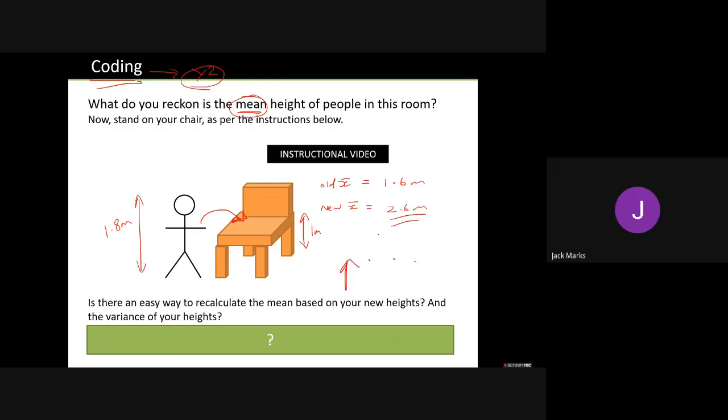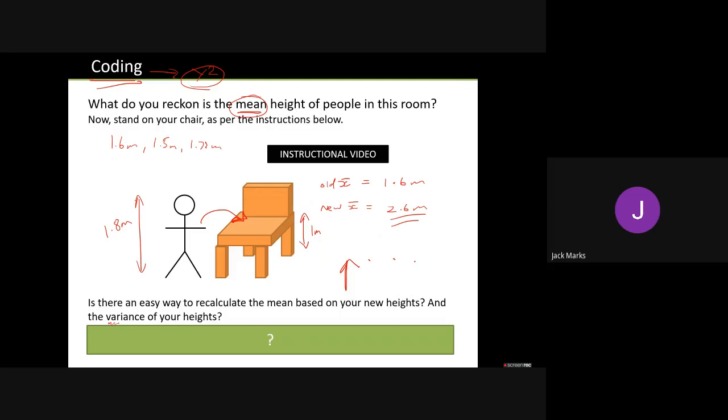If you prefer, you could take a list of numbers, add 1 to each, and verify this for yourself. So, is there an easy way to recalculate the mean based on the new heights? Yes. If we know what the original was, we could just add 1.